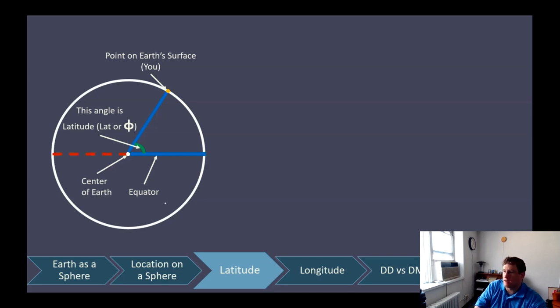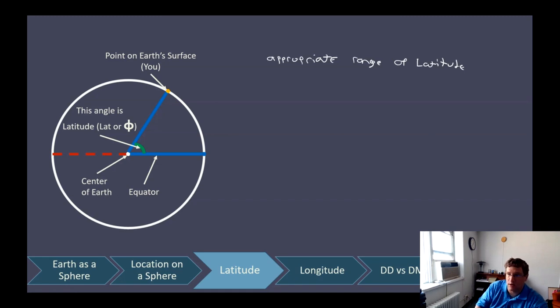But let's go ahead and talk about the appropriate range of latitude. When we're talking about latitude, what can we reasonably expect latitude to be?